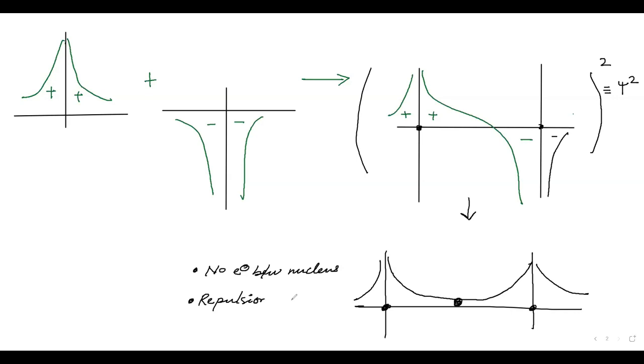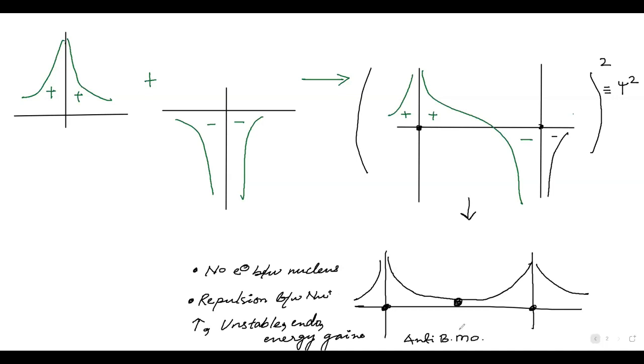Repulsion between nucleus increases. If nuclear repulsion increases, it becomes unstable. Unstable means endothermic, that means energy gained.